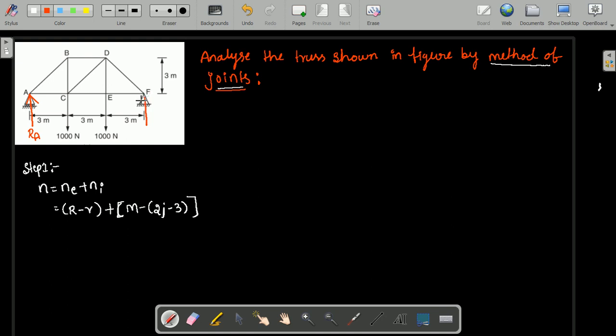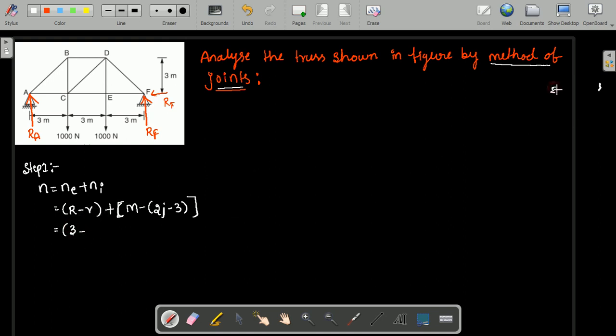At F we have the hinged support, with two reactions, one horizontal and one vertical; you can consider RFX and RFY. Counting here, we have three reactions, RA, RFY and RFX. Therefore the number of reactions in the given truss is 3. Clear?